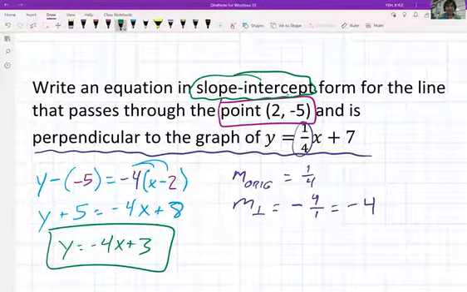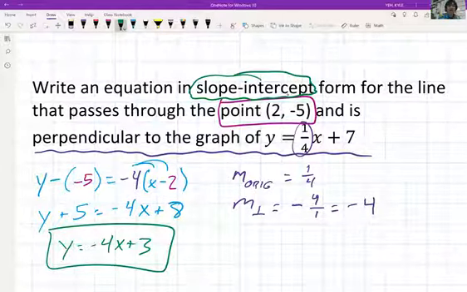All right, as you can see from my screen, I've worked this one out, gotten this equation in slope-intercept form, y equals -4x plus 3, being really careful with the negatives, minus a -5, distributing the -4. I think that would probably be the most common place for a simple mistake.